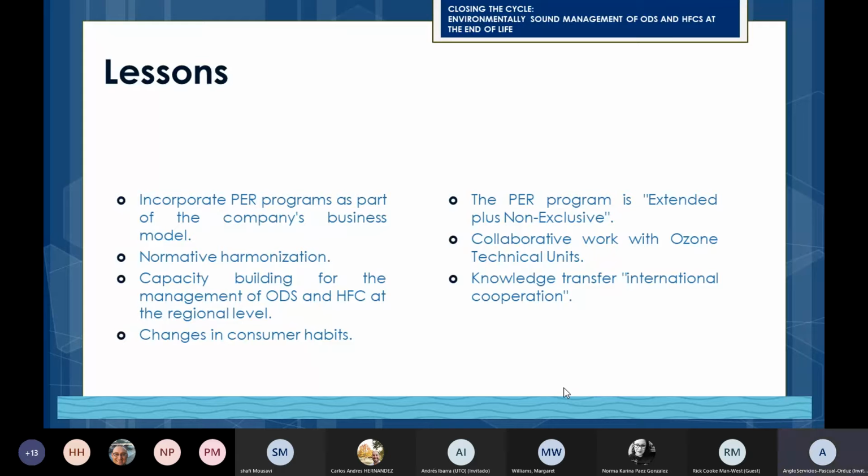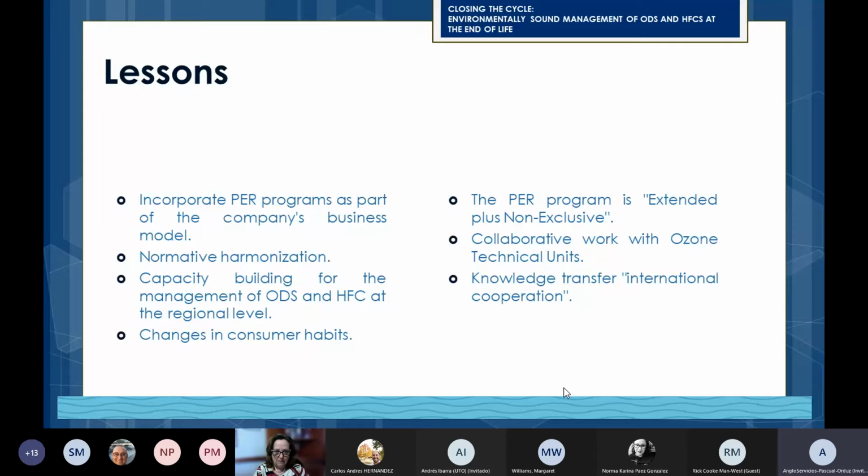Another lesson learned is the importance of capacity building for the management of ODSs and HFCs, again at the regional level. This is another element that is also key to ensure the proper management and then avoid the impact on the environment as well as the impact on climate change because of inappropriate management of these kind of substances.